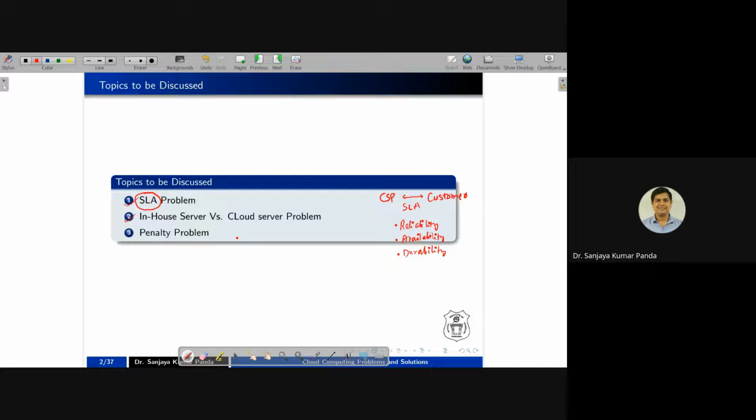On the other hand, if resource is more, demand is less, so it is leading to under provisioning, right? So in order to calculate the penalty problem, you have to focus on two factors. One is demand, another is resource, right? Based on that, we can calculate the penalty problem. So these are the couple of problems we are going to discuss in this session. If time permits, I'll show you other types of problems that are solved as a part of cloud computing course.